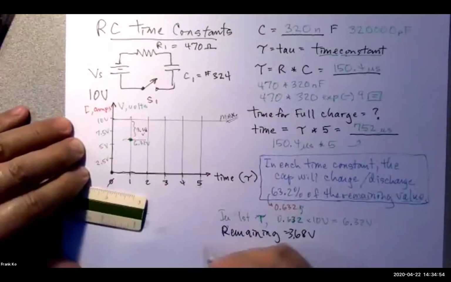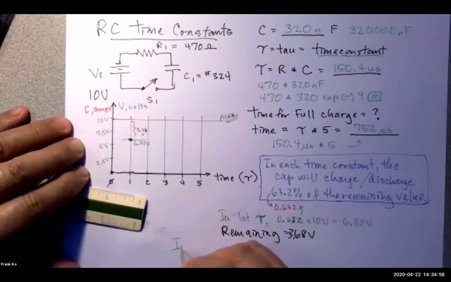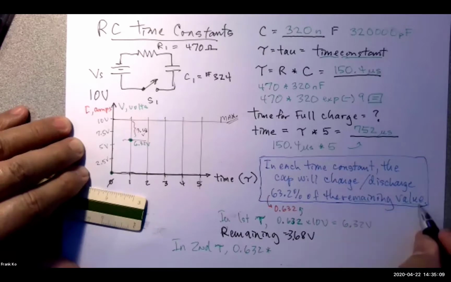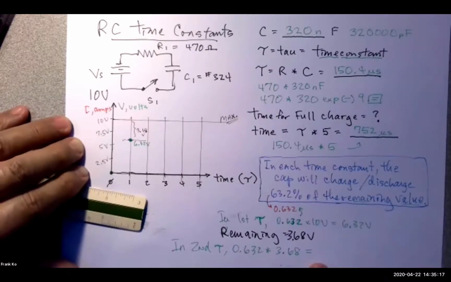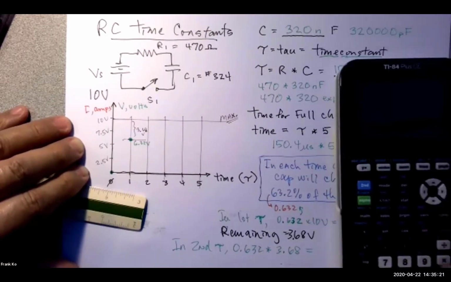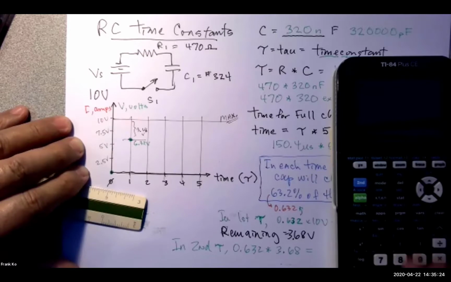In the second time constant, 0.632 is going to multiply the remaining value of 3.68, right? This is how much more the capacitor will charge. And mathematically, let's all go ahead and do that on our calculators.